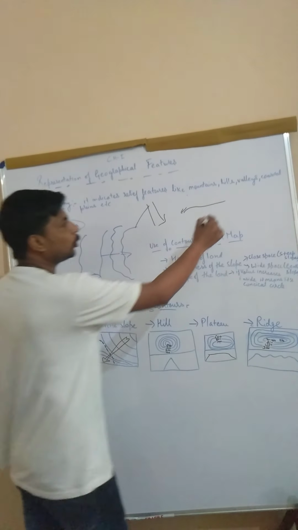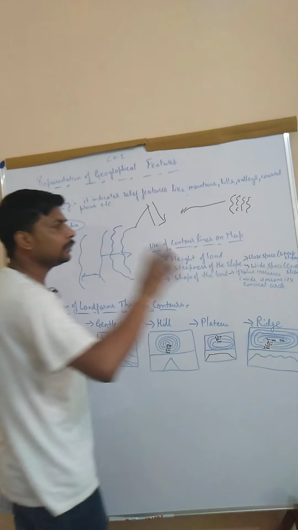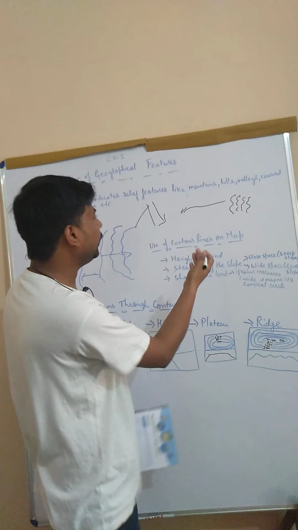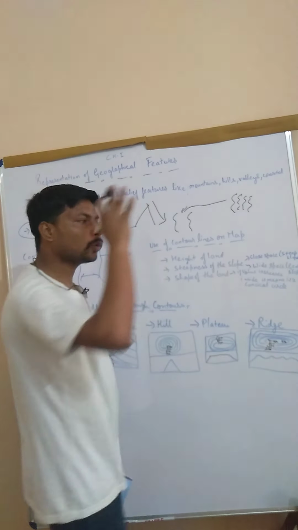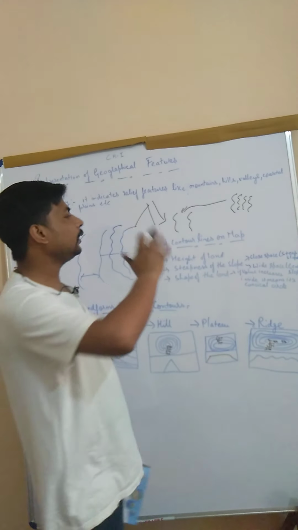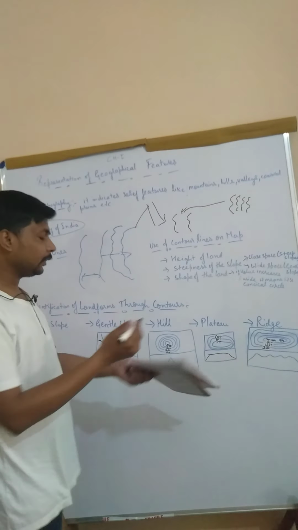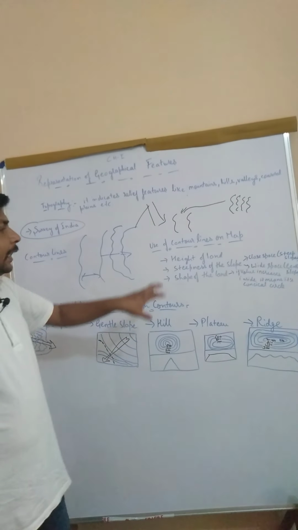Like if the contour lines are drawn without much space, that means there we will find steep slopes, right? And if we have a vast difference between two contour lines, it means the slope there is a gentle slope. And the third thing that we get from the contour lines is the shape of the land.